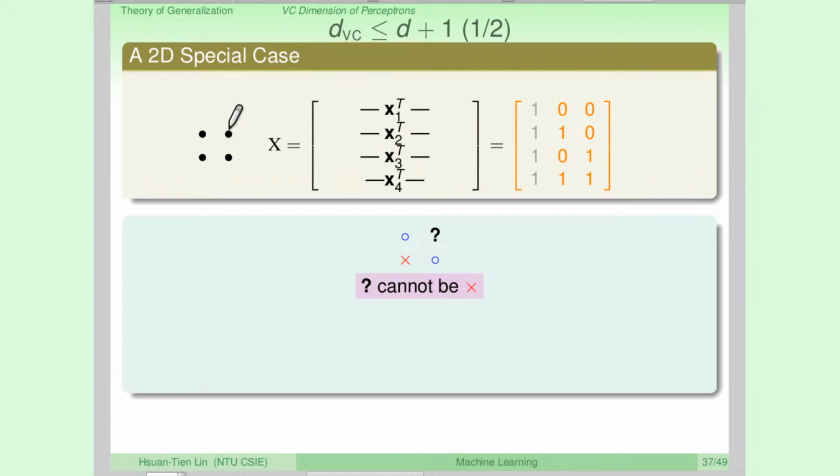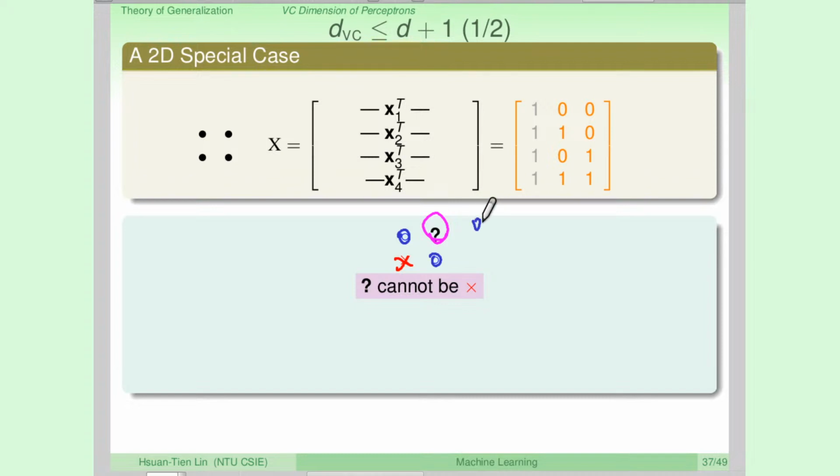Now, why is this special? Because it creates some restrictions. Let's see one particular dichotomy that cannot be implemented with this special case. If I have circle on those two vectors and cross in this one, and I'm saying I want to implement a dichotomy, this actually tells me that this new vector that I added must be circle.